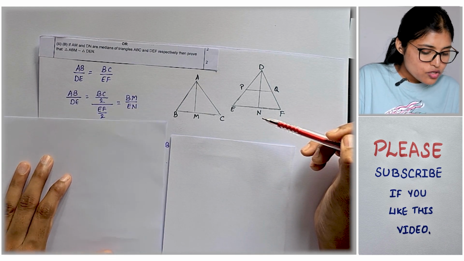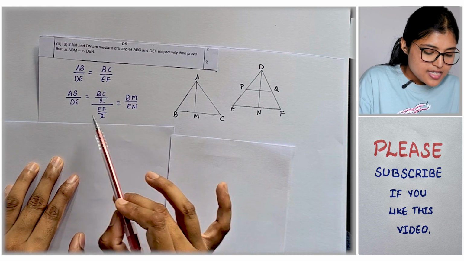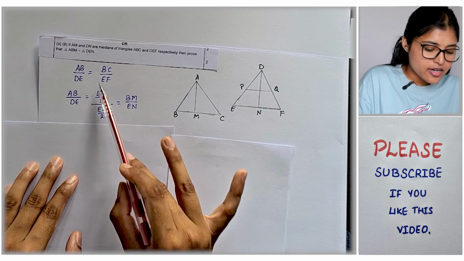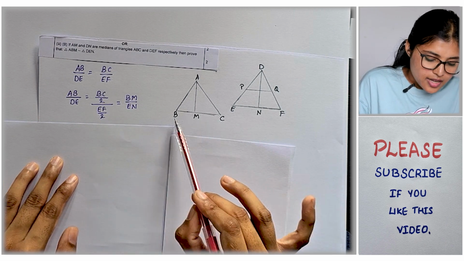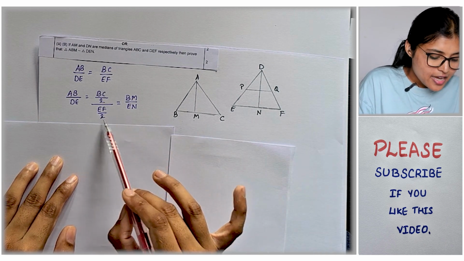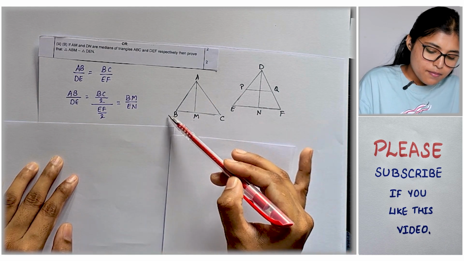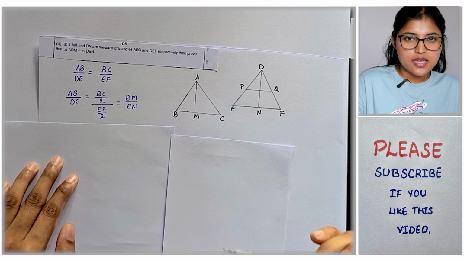Now we can also write AB by DE as BC by 2 by EF by 2 because this 2 and 2 get cancelled and it will still be the same. Now BC by 2 is nothing but BM and EF by 2 is nothing but EN. So I can write AB by DE equals BM by EN.